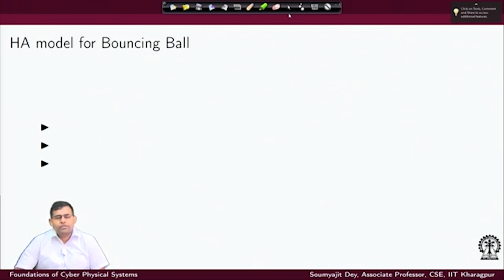When the ball is falling down or moving up from the surface, it is under the influence of g, it is a continuous dynamics, and there is also a discrete dynamics when instantaneously the ball changes direction of motion when it is touching the surface, right. So, that is why it is a nice mixed dynamic system having a continuous dynamics as well as a discrete switch.